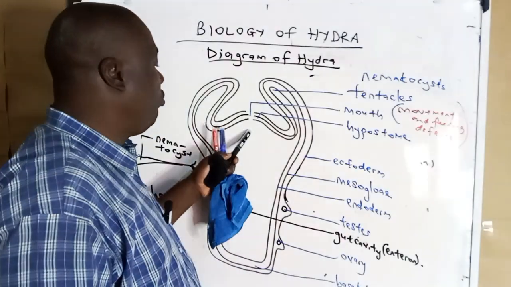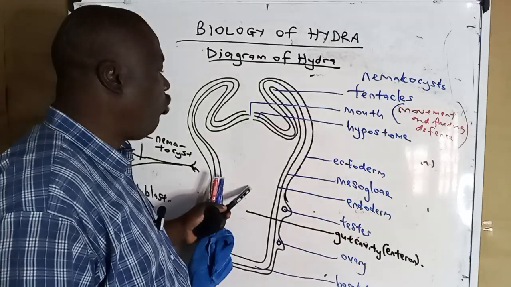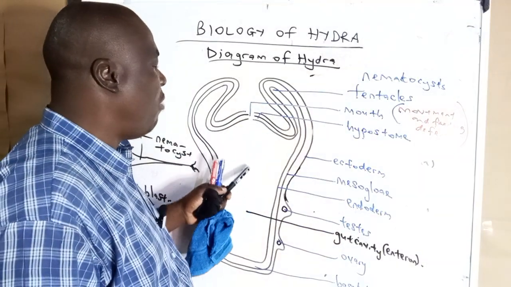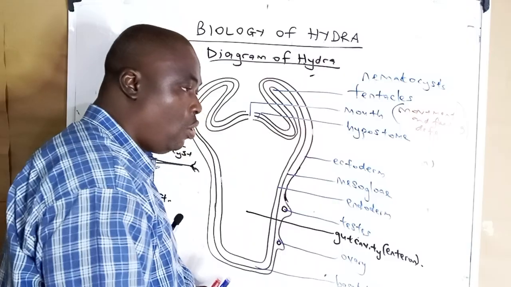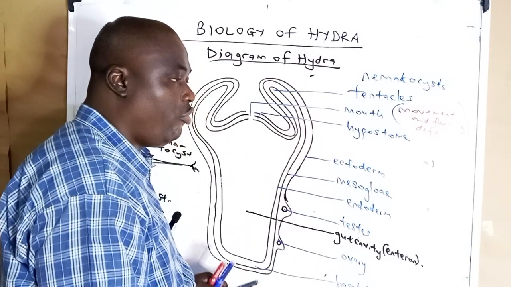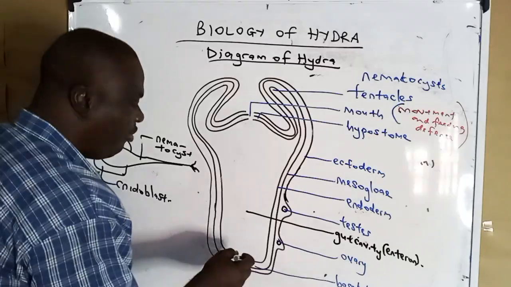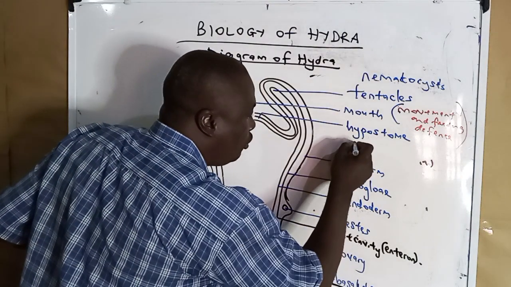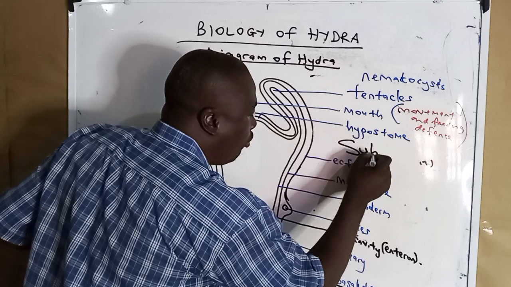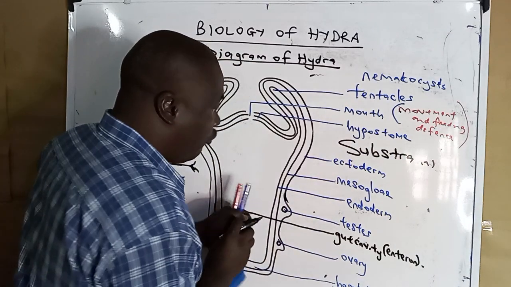So food enters through the mouth into the enteron, and waste food also goes out through the mouth. Then this basal disc is what is used to attach to the surface, called the rocky beds, called the substratum.